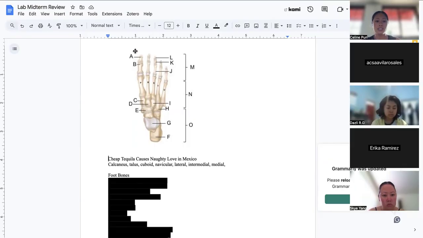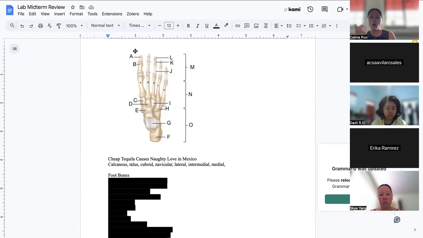Okay, so A, what is this called? Be very specific because when you're talking about your foot bones and your hand bones, you have to say what joint it is, or what digit it is, what bone, as well as which finger. What is A?